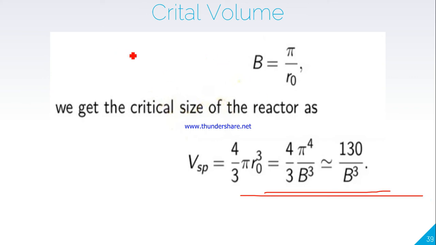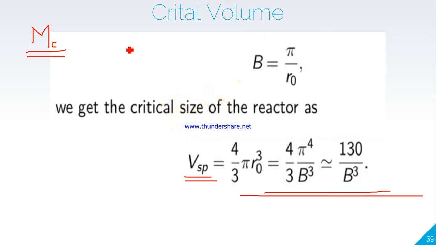Now, as I told, we are going to find out the critical mass M. If you keep that mass in that volume, and if I activate the neutron initiator, the sustainable chain reaction will continue.